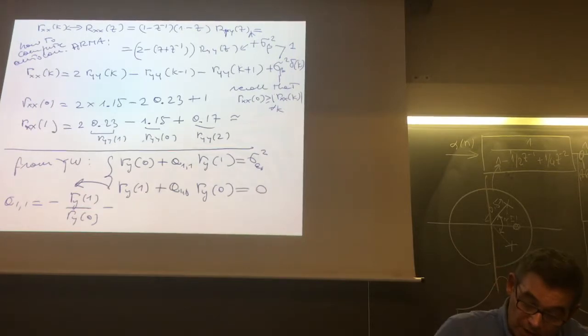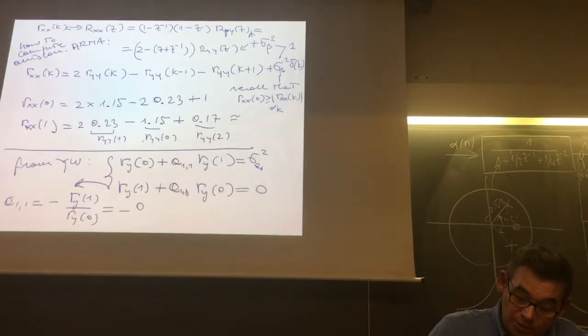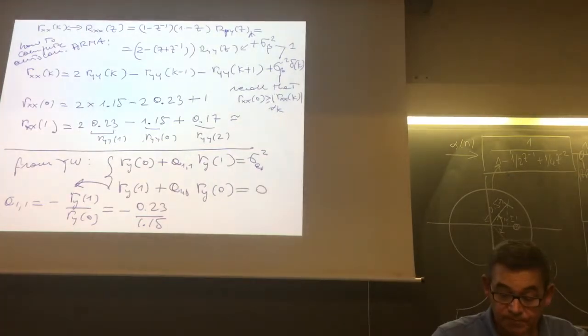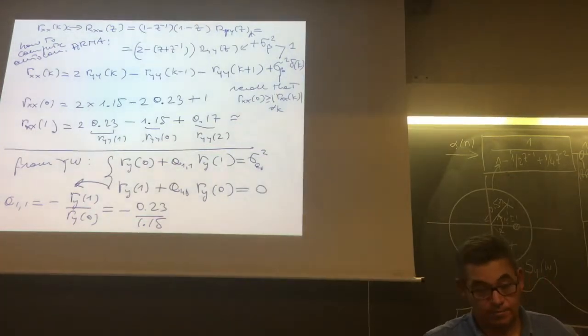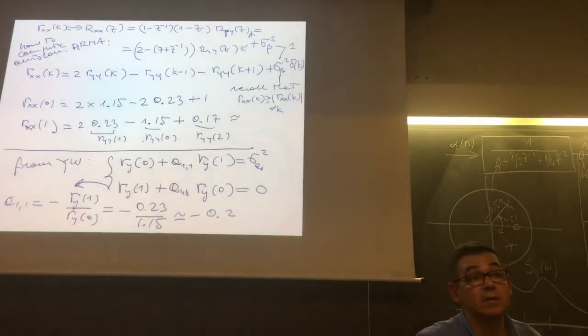In our case, taking the values, R_y(1) is 0.23 divided by R_y(0), which is 1.50, so it is approximately minus 0.2.